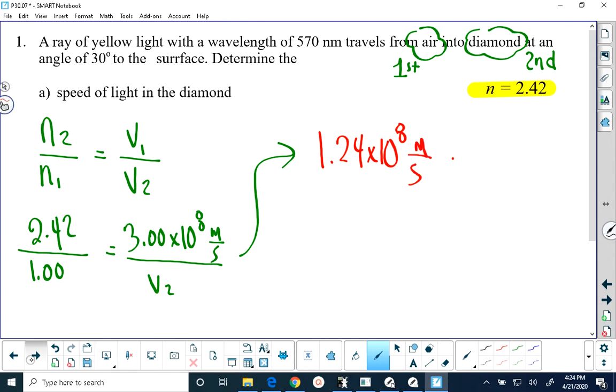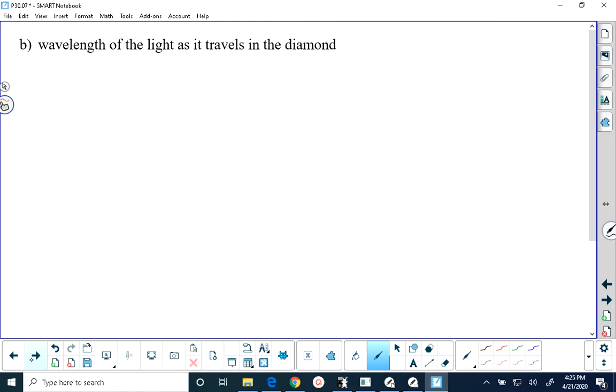All right, the second part of this is to determine the wavelength. Well, we're going to do pretty much the same thing we just did with the speed. We can say N2 over N1 equals lambda 1 over lambda 2. We're working with wavelengths here.